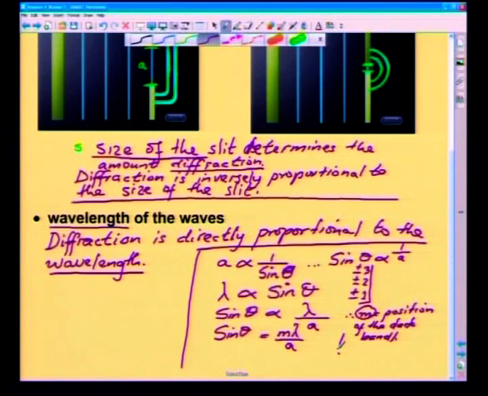So what is most important here is that we have diffraction being directly proportional to the wavelength, which is this one here. We have the size of the slit inversely proportional to wavelength, which is that, and when we put that together, we come to this, and when we put in our constant that will multiply here to remove the proportionality sign, we have sine theta equals m lambda over a.